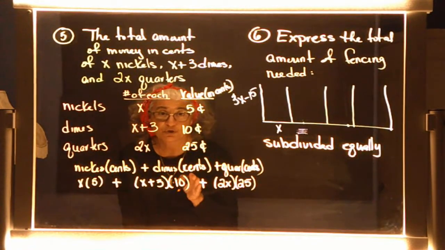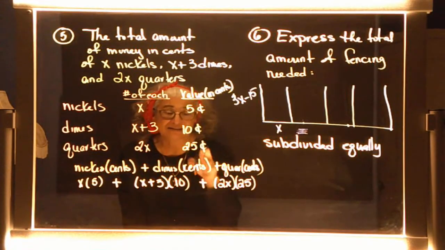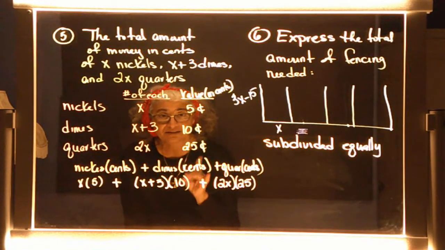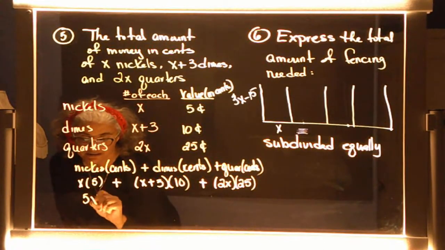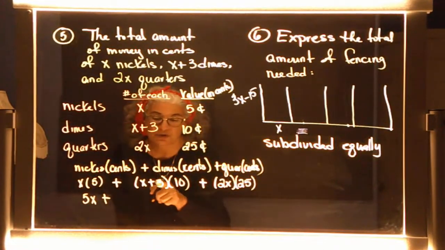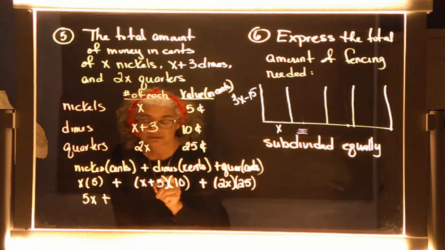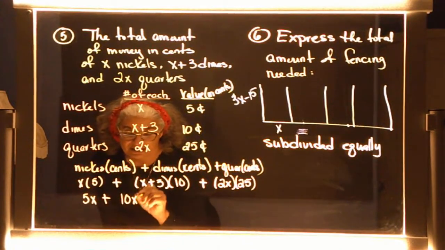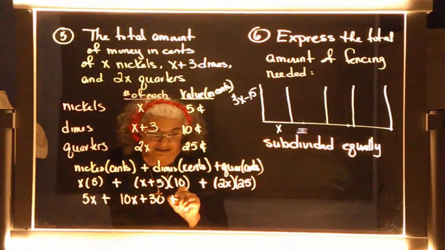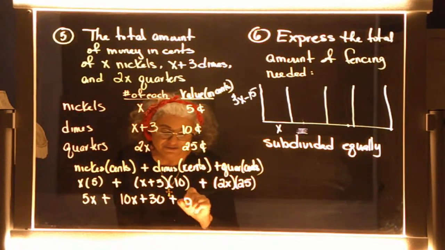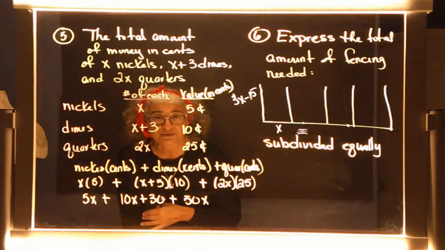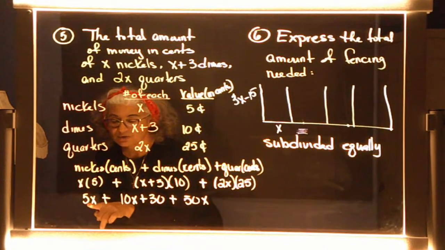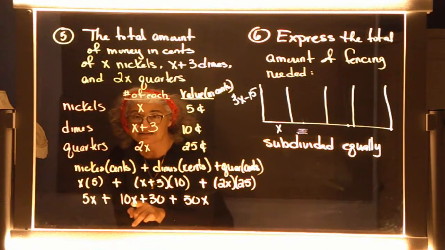Okay, now don't worry about the cents sign. It will come in at the end. Cool? Okay, so this is just 5x, isn't it? So we have this distribution. Good. 10x plus 30, and then 50x. And as always, we collect like terms, don't we? So I see 5x plus 10x.